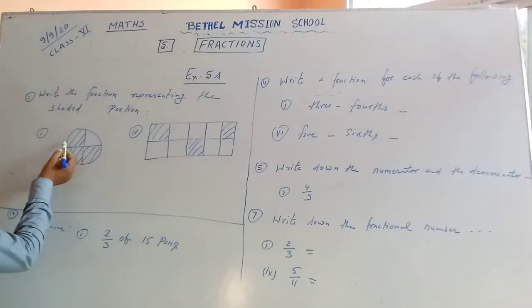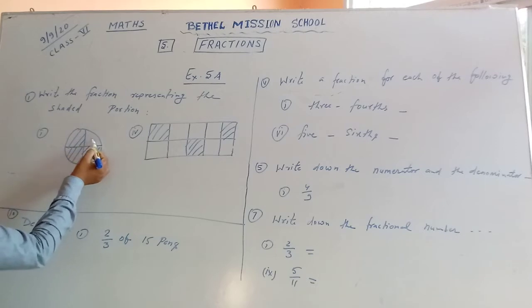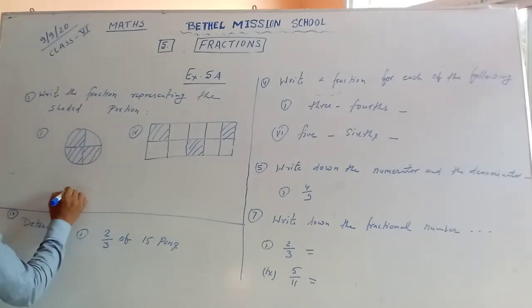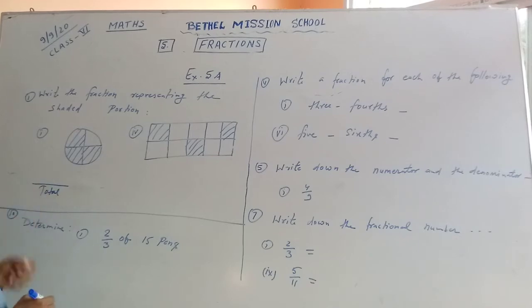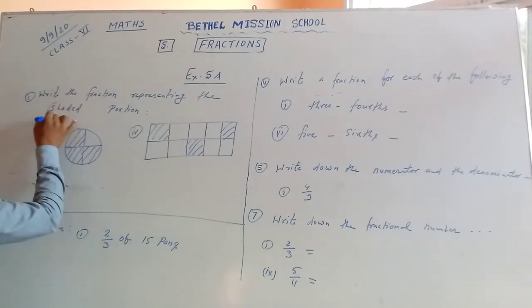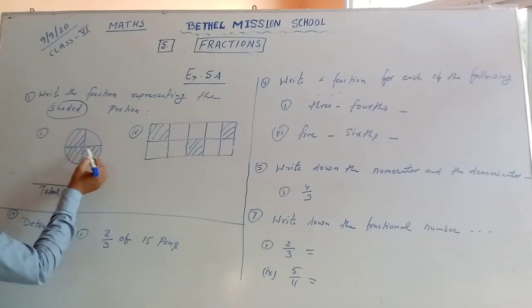So first number, there are 4 parts, 1, 2, 3, 4, and 3 are shaded. The total number of parts you will write as the denominator, and the numerator is the shaded parts. Here, how many shaded portions are given? 1, 2, 3.